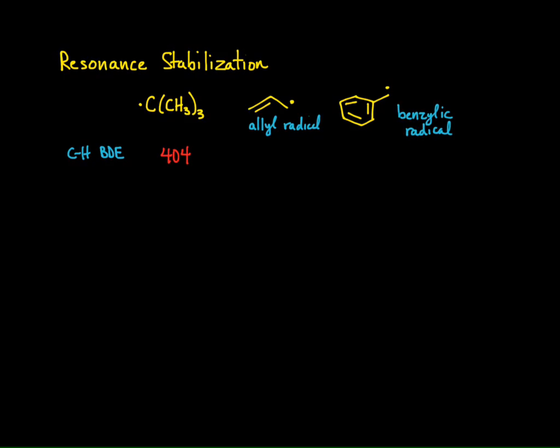The allylic radical, even though it would be considered a primary allylic radical, is substantially lower in energy than the tert-butyl radical. Likewise, the benzylic radical is also lower in energy, even though it's a primary benzylic radical.